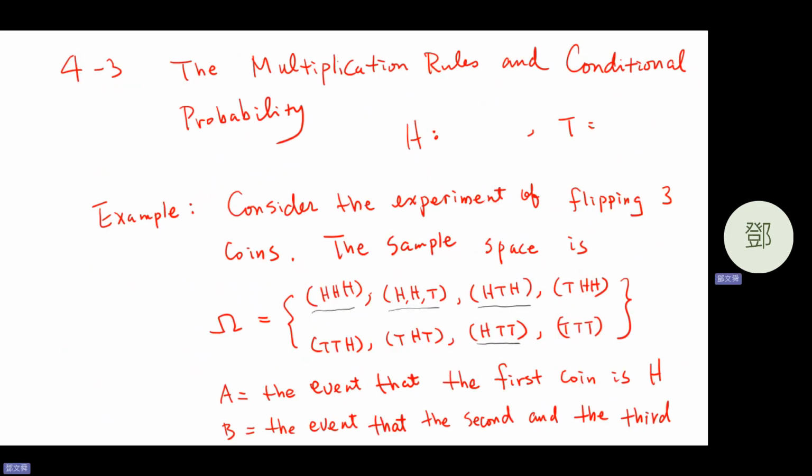And today we're going to look at the next section, 4-3, the multiplication rules and the conditional probability.